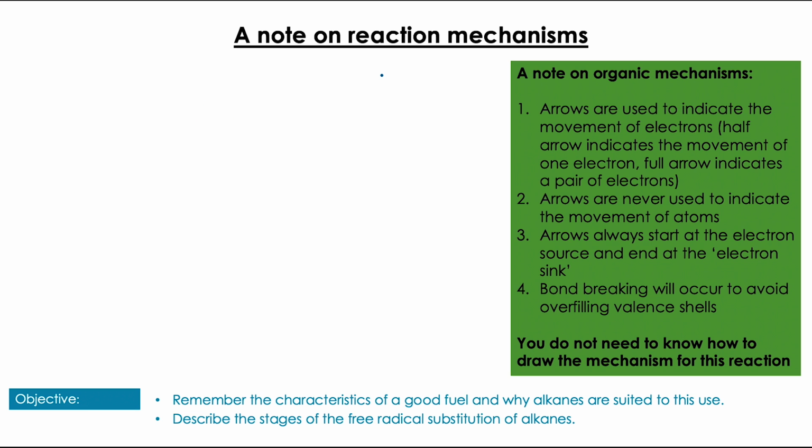But first, I wanted to make a couple of notes on reaction mechanisms, as these are going to be new to most of you. So a few rules we can follow to help us through this unit and beyond. Firstly, let's deal with the infamous curly arrow. Arrows in organic chemistry denote the movement of electrons, the half-headed arrow showing the movement of 1 electron and the whole-headed arrow showing the movement of 2 electrons.